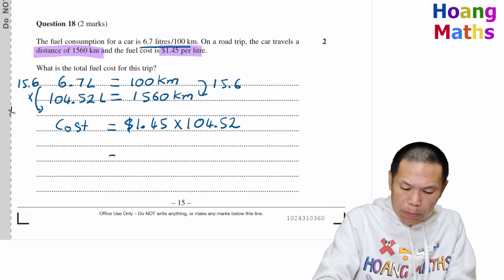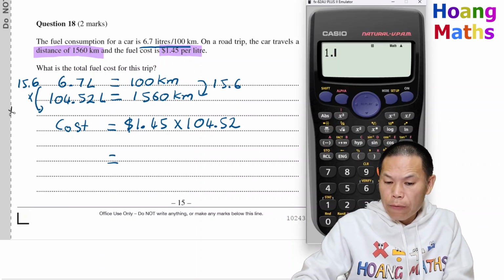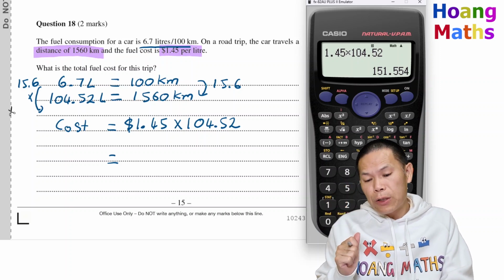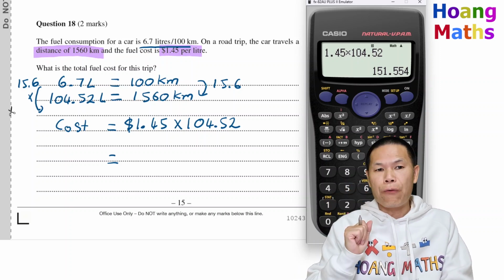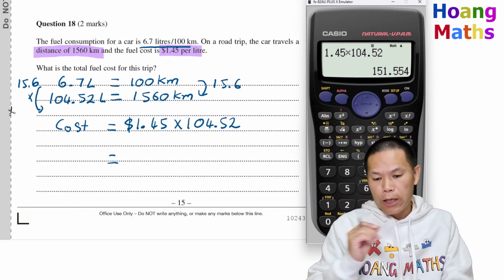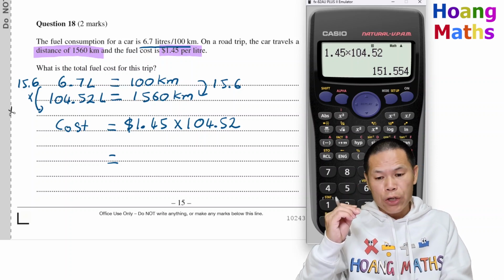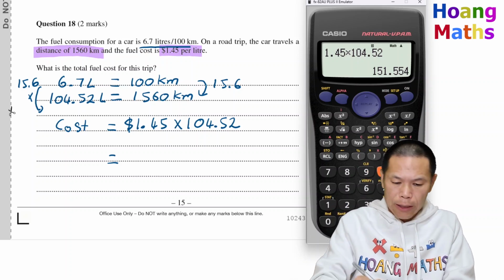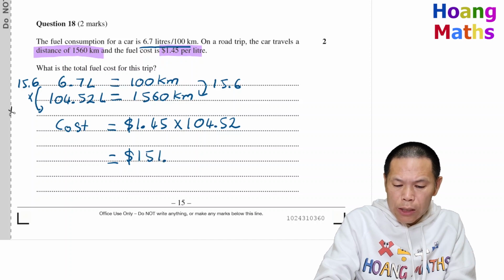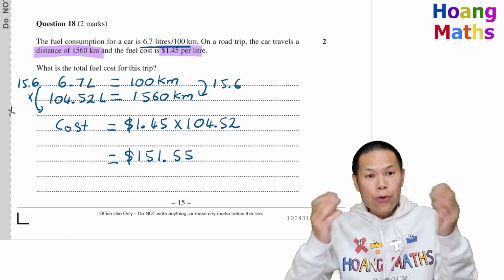That gives me 151.554, but because we're working with money, it should be two decimal places. So $151.55. There you go.